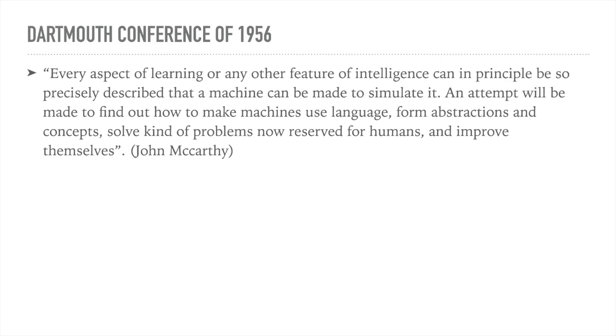And this is what he actually said in the conference, that every aspect of learning or any other feature of intelligence can in principle be so precisely described that a machine can be made to simulate it. An attempt will be made to find out how to make machines use language, form abstractions and concepts, solve kinds of problems now reserved for humans, and improve themselves. Every word of this line is dripping of AI, right?